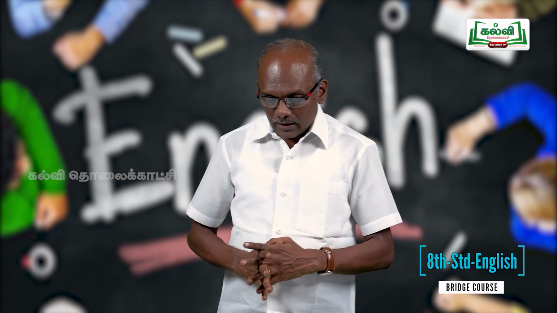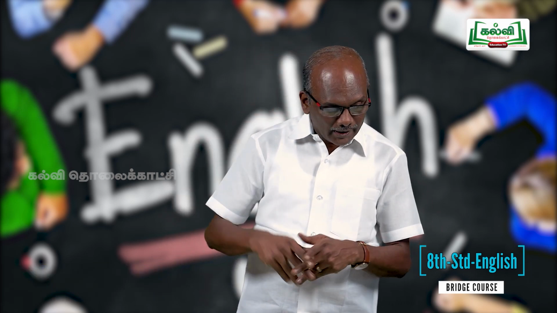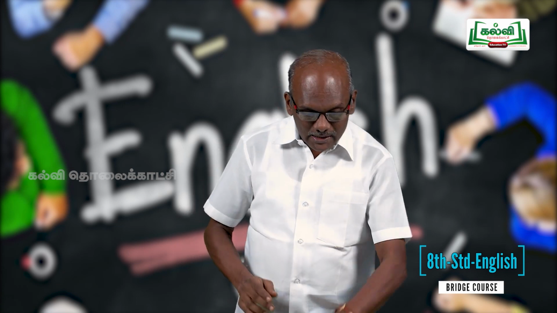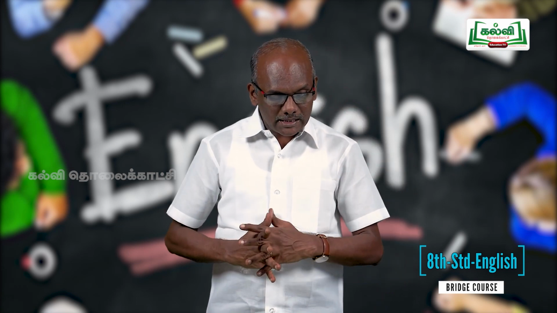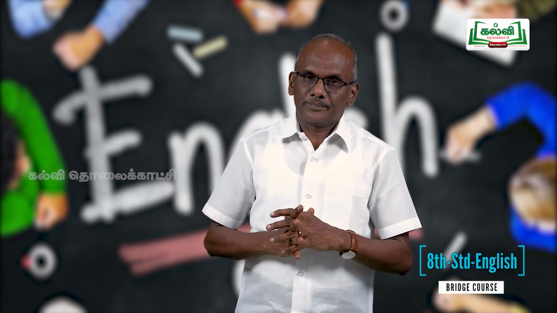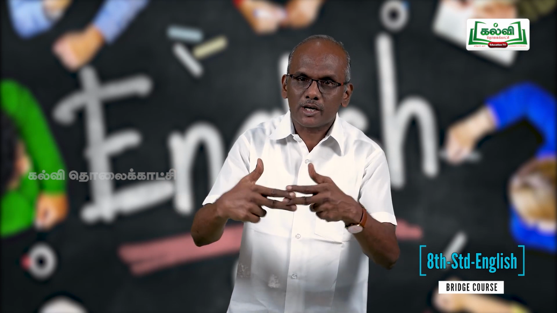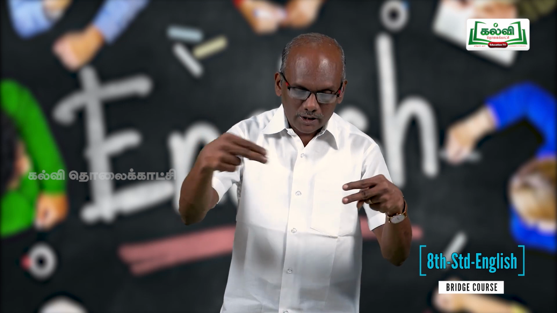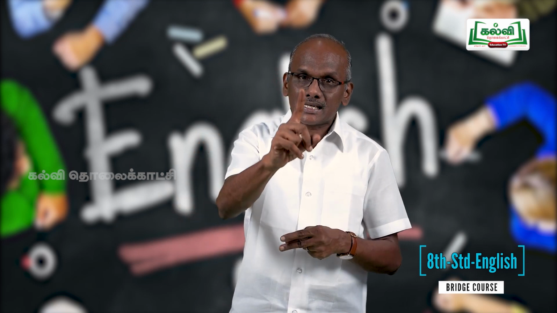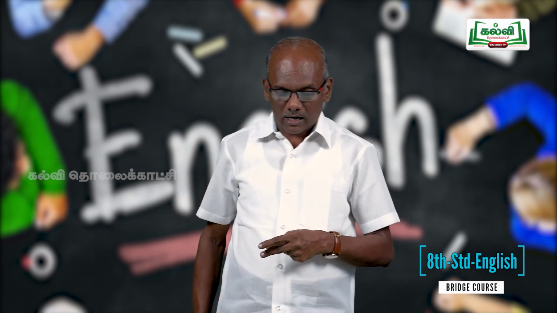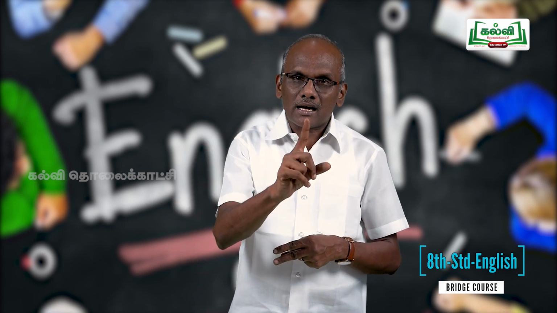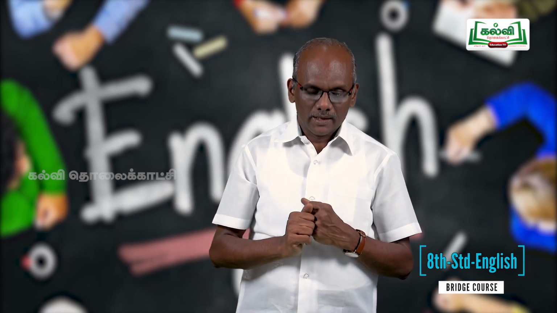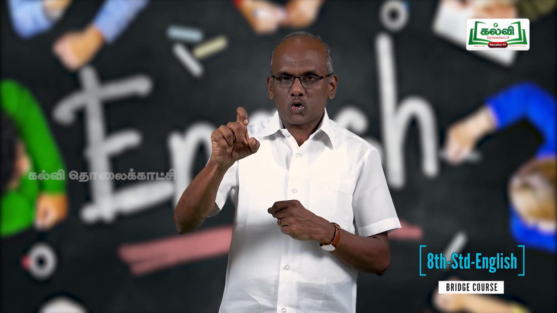And then let's go for another rule, that is, if two vowels are together, understand? If two vowels are together, then consider it as one vowel sound. One vowel sound for two vowels. For example, boat.